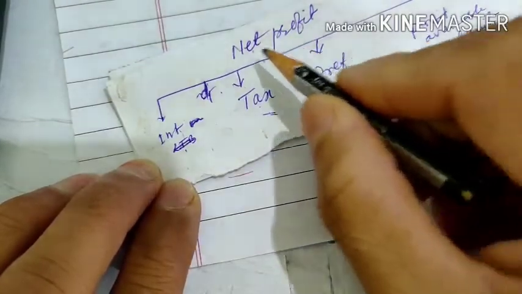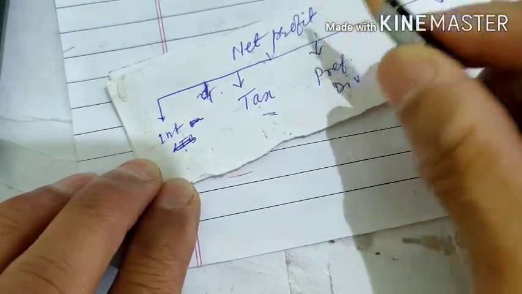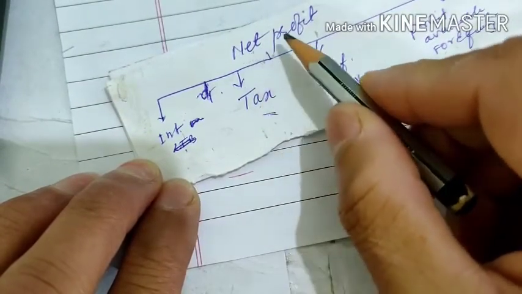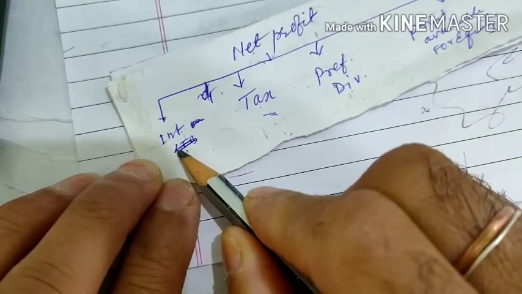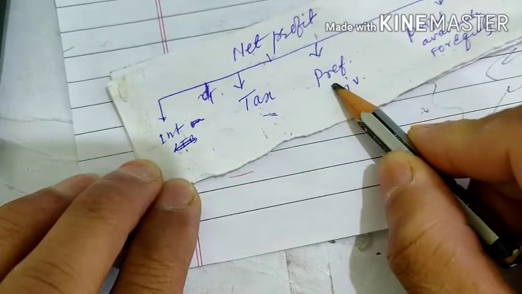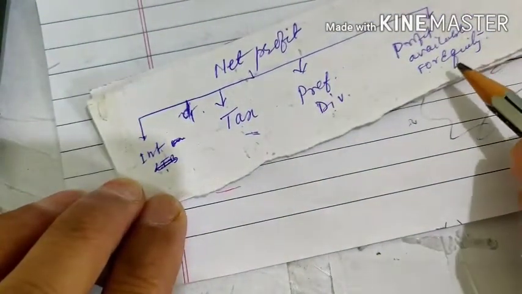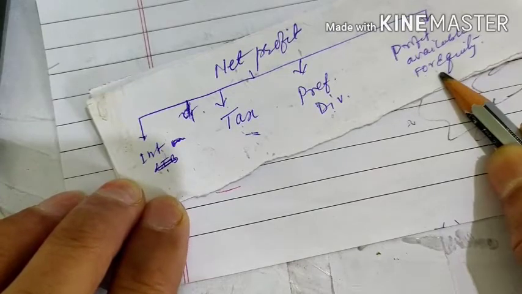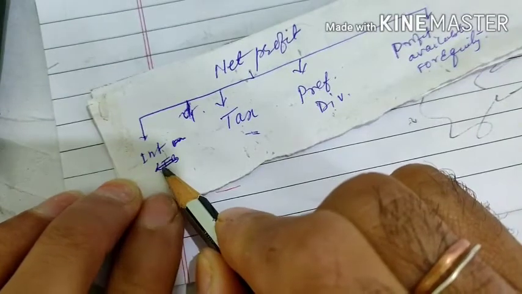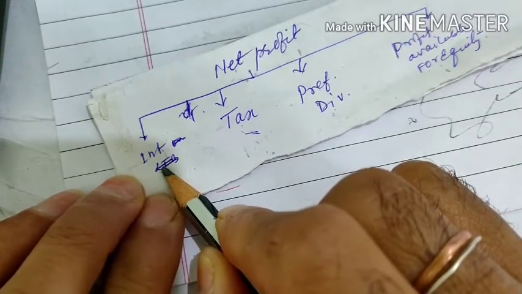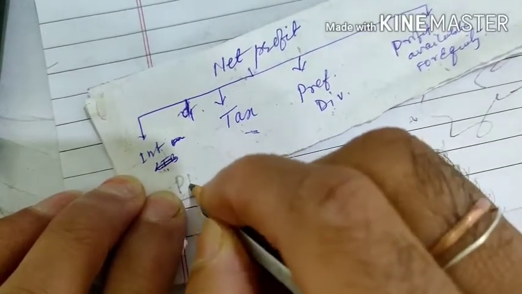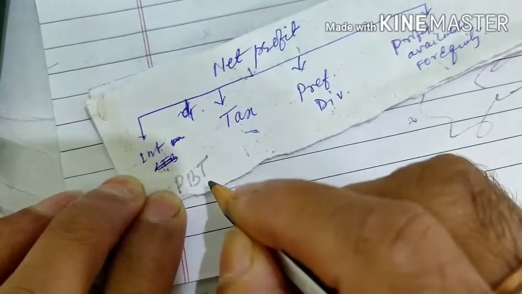So let's understand this part. Net profit. From the net profit, a company pays interest on borrowings, tax to the government, dividend to the preference shareholders, and the remaining profit goes to the equity shareholders. Net profit after deducting the interest on borrowing is termed as profit after interest or profit before tax, PBT.